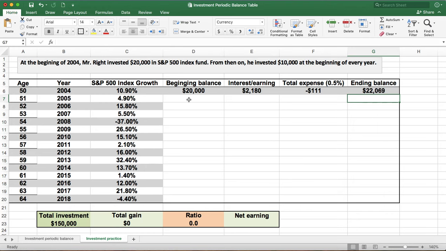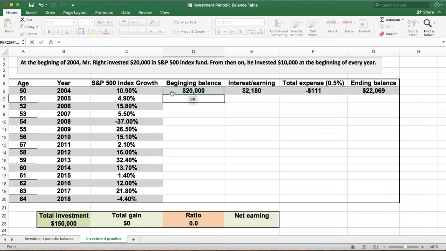Let's go to the second year's. The beginning balance here, remember, is the previous year's ending balance, plus he invests 10,000 at the beginning of every year.